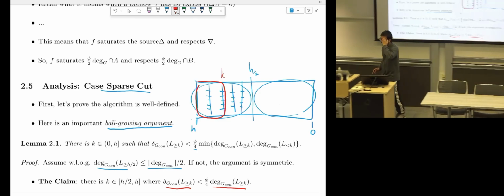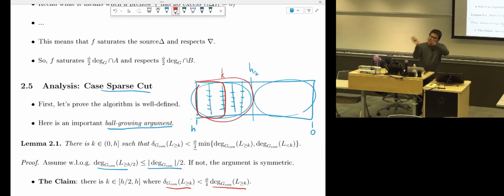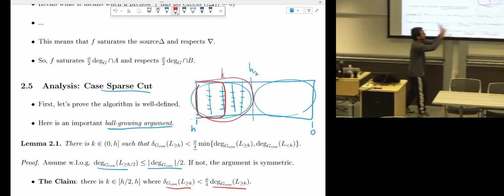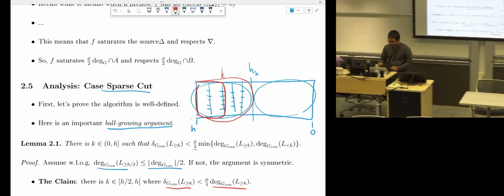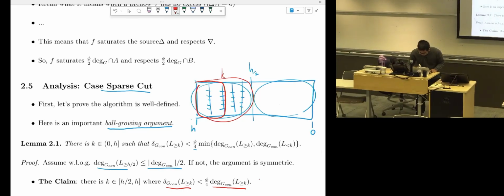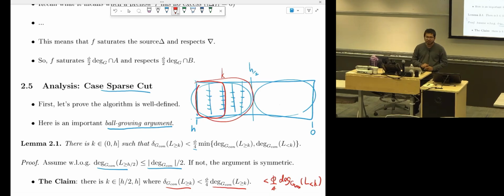Okay. And because we assume that this half is smaller than half, it means that this is also smaller than the complement too. And we would be done if we can show this.